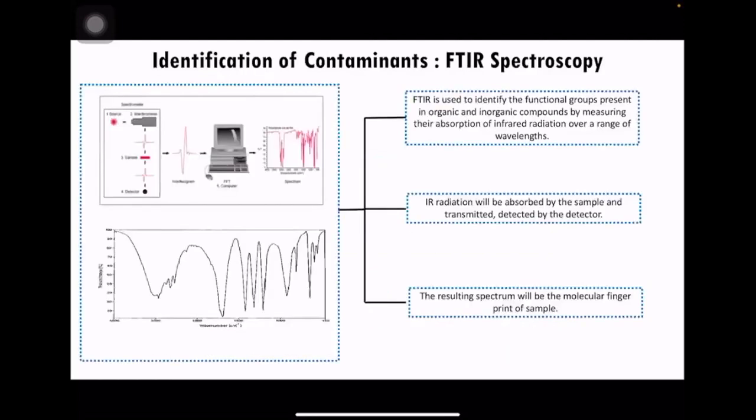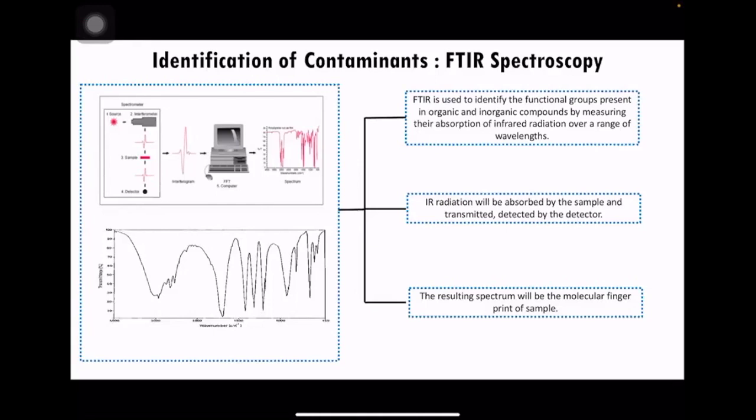So, firstly, it is important for us to identify the type of contaminants that are present in the river water. For that, we can implement FTIR spectroscopy. We know that FTIR would be helpful in identifying the type of functional groups present in a particular sample.